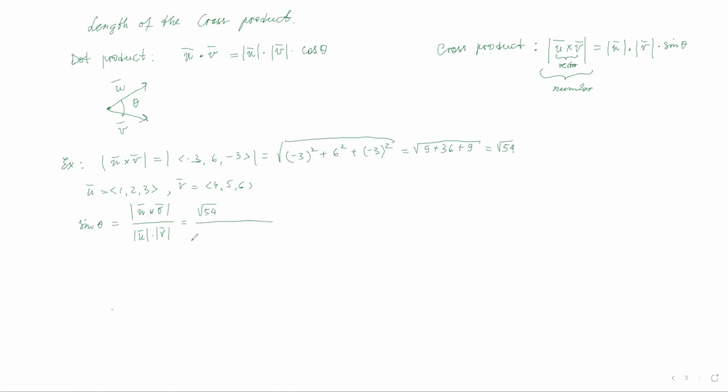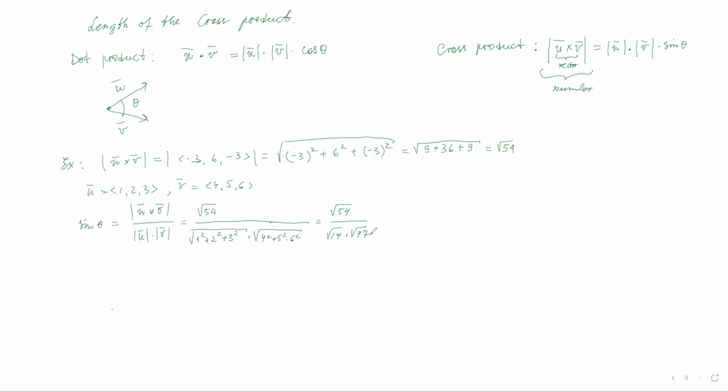Do I know the bottom? I kind of know it, but I'm going to calculate it one more time. The length of vector u is 1, 2, and 3 squared and added. The length of vector v is 4, 5, and 6 squared and added. And I already know it's going to be the square root of 14 and the square root of 77.